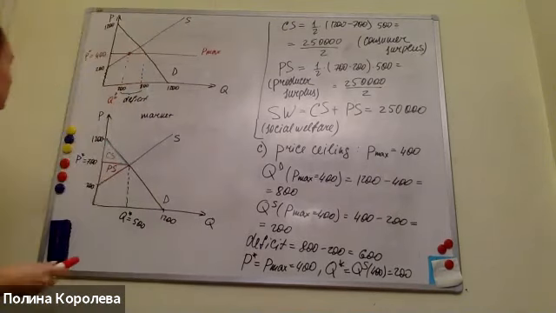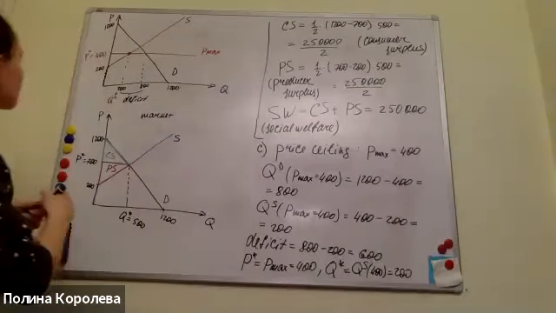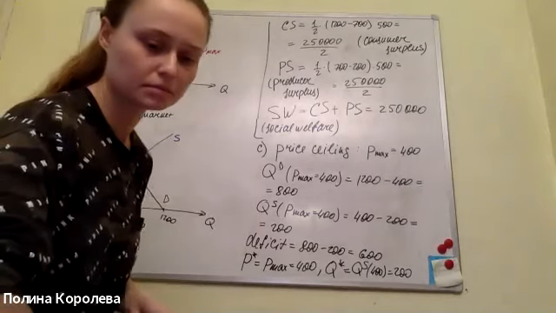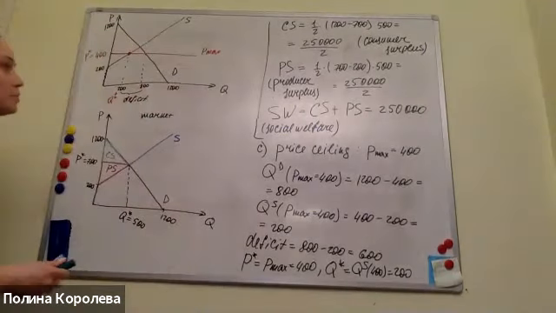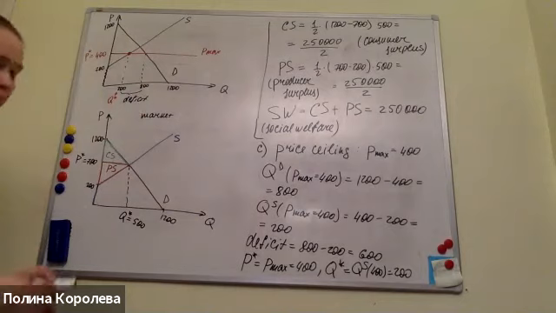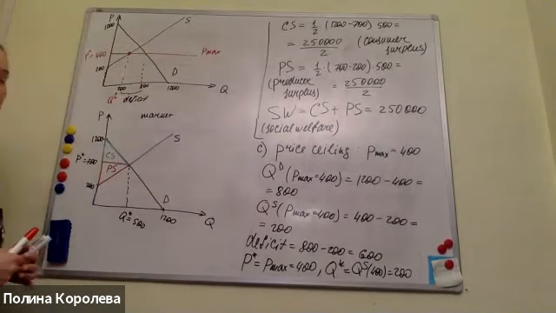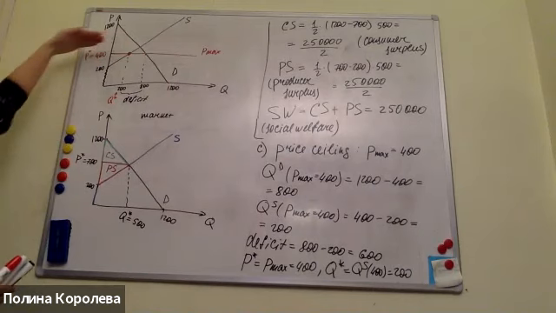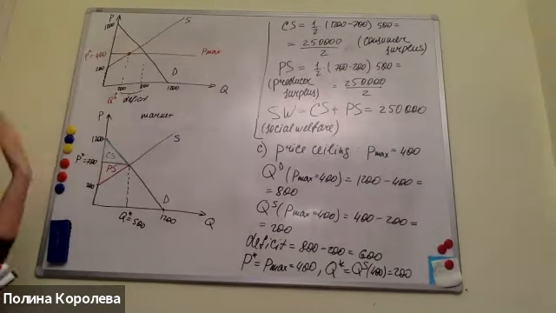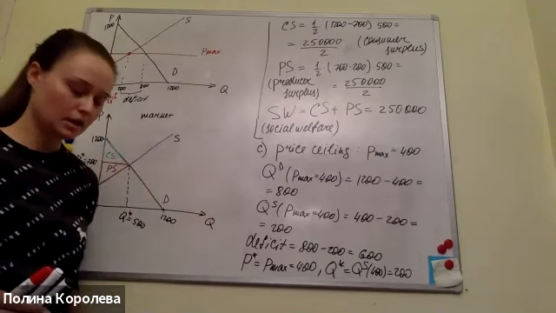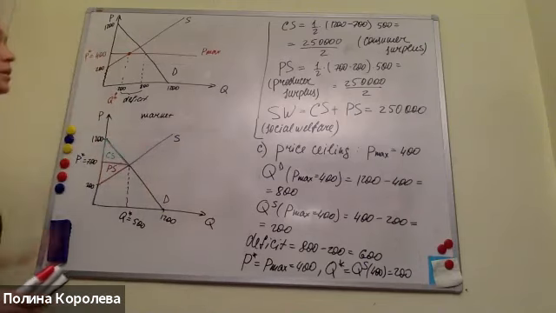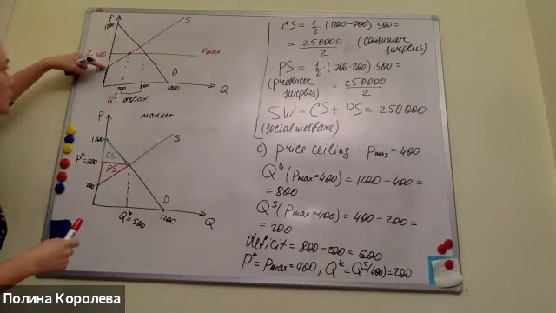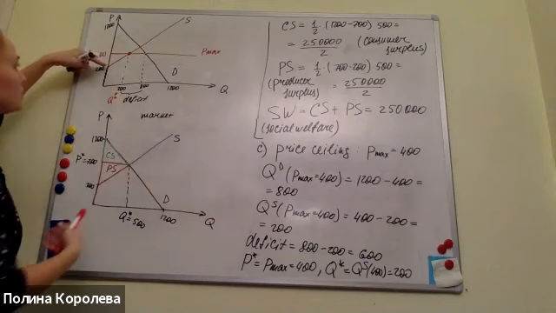Okay, so what can we say right now about consumer surplus, producer surplus, and welfare losses? Producer surplus, by definition, is the area under the price that our sellers will put into their pockets and above the minimal price with which they were willing to sell their good.